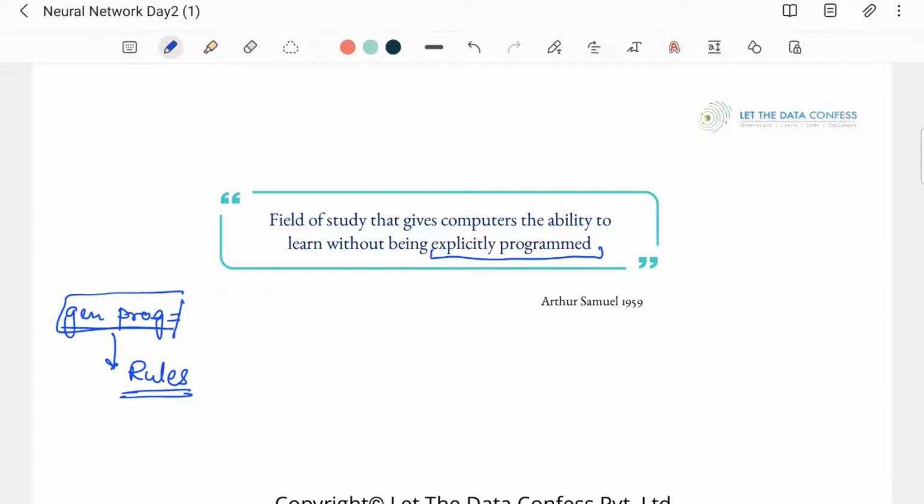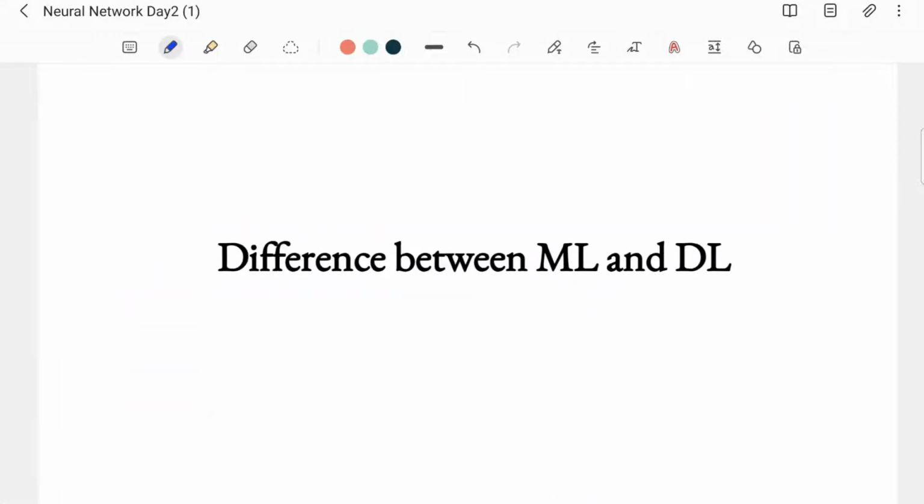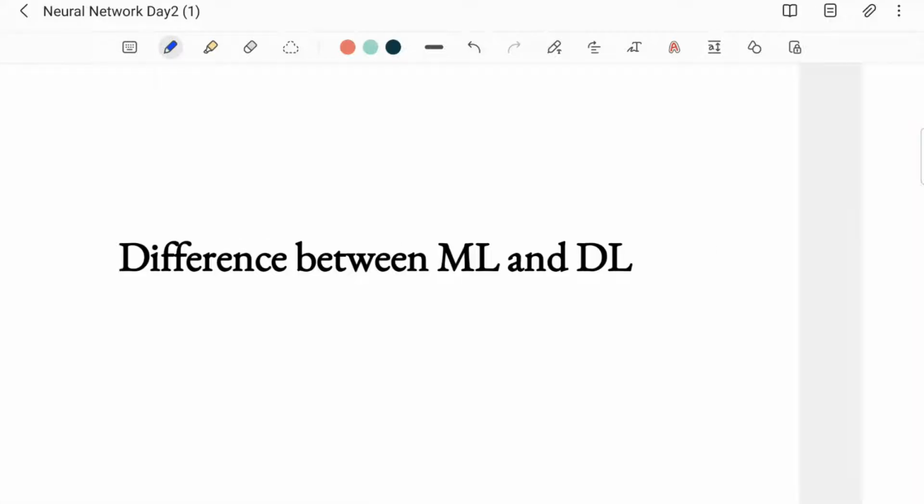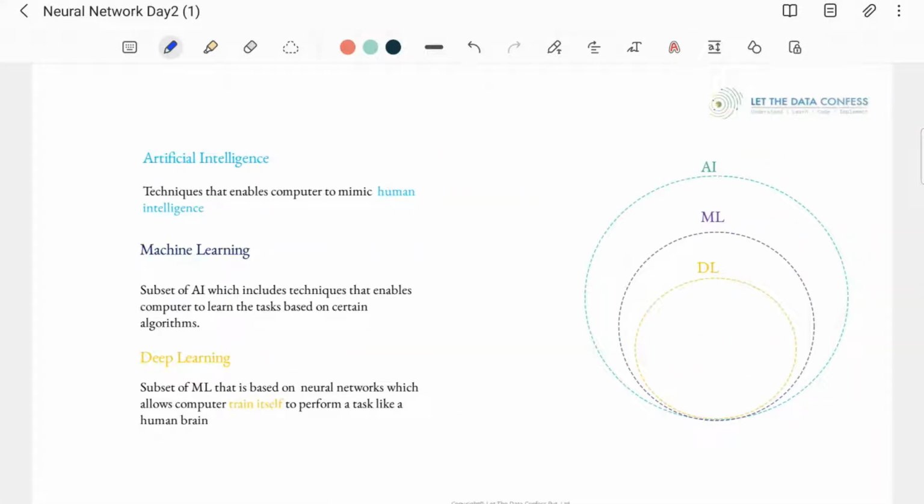So now let's understand how it is different. The very first thing that you will come across is three words: one is artificial intelligence, second is machine learning, and the third one is deep learning. Often people who are just starting their career get confused. Even I was confused when I was starting my career with these three things.